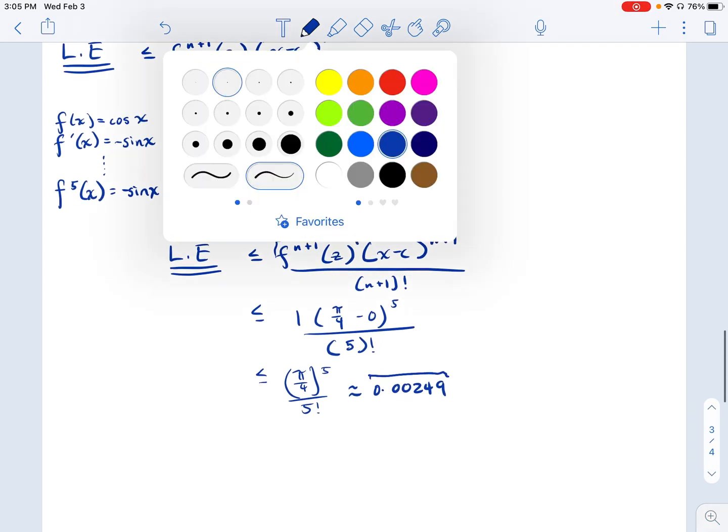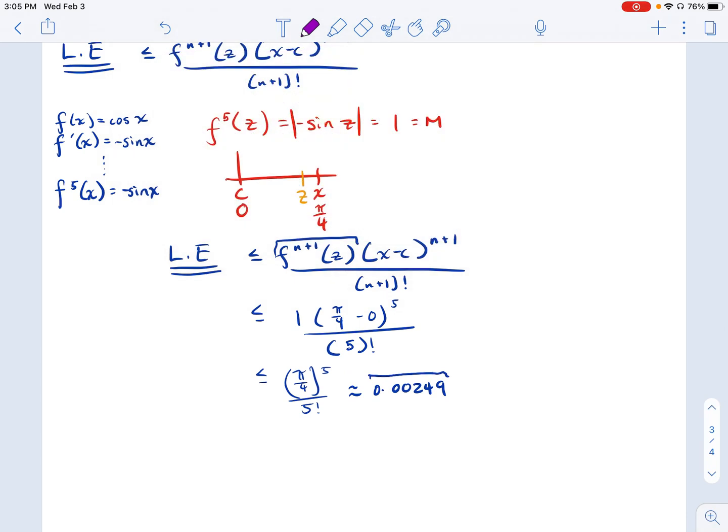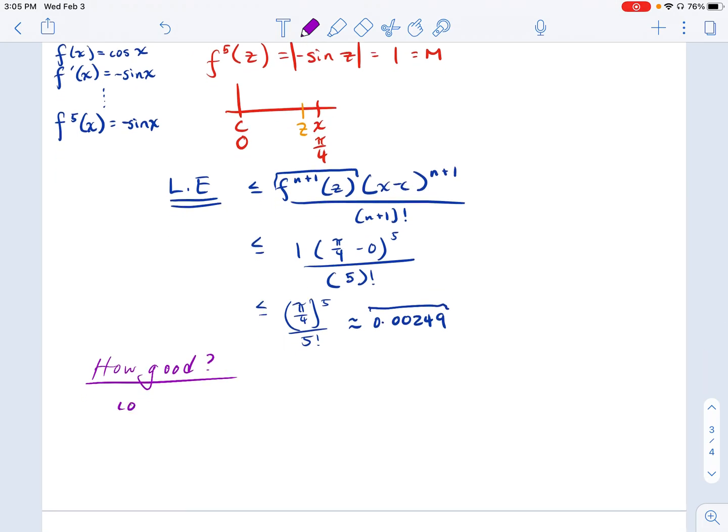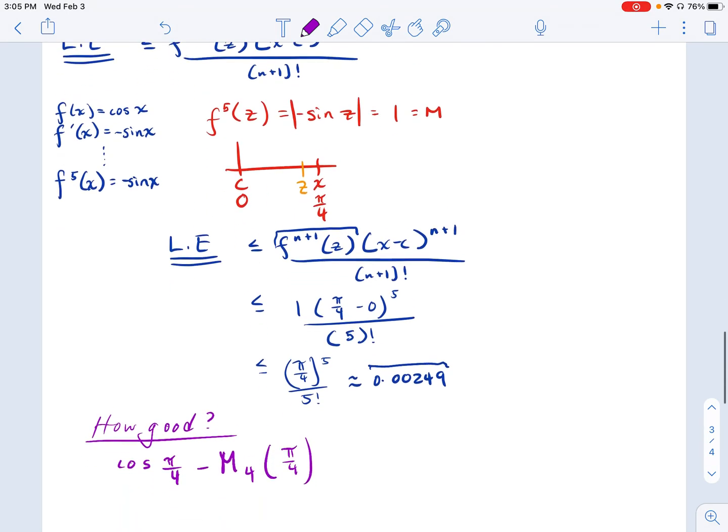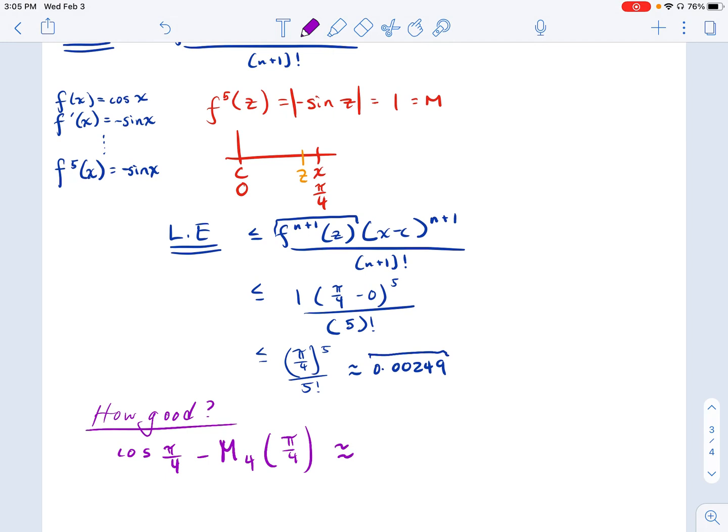Now, let's quickly check to see how good our approximation was. Well, if we actually take the cosine of pi over 4 and we subtract what we found, our M sub 4 of pi over 4, basically the approximation that we got here, this 0.70429, if we actually subtract these, we see that our actual error is way smaller, our quote-unquote actual error, because again, this is obviously an approximation.